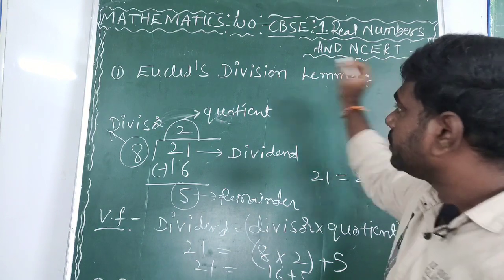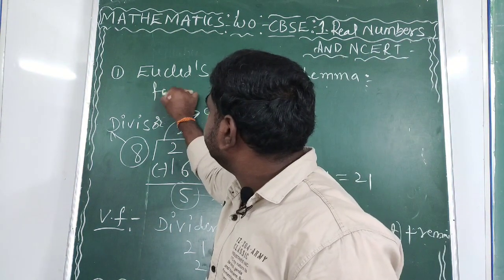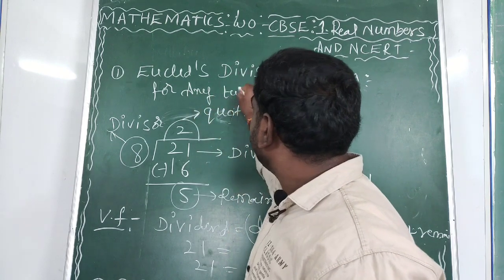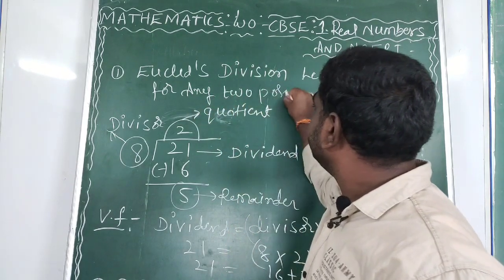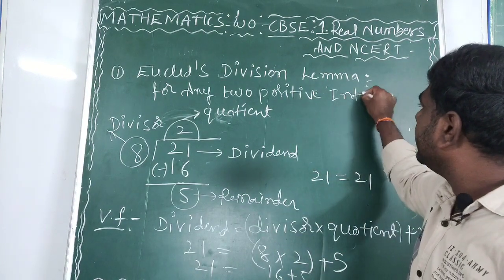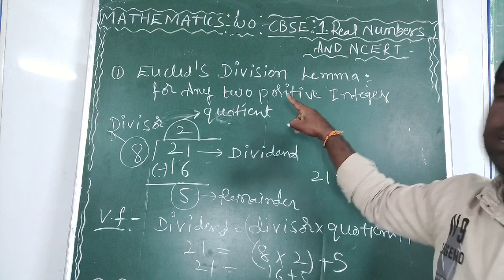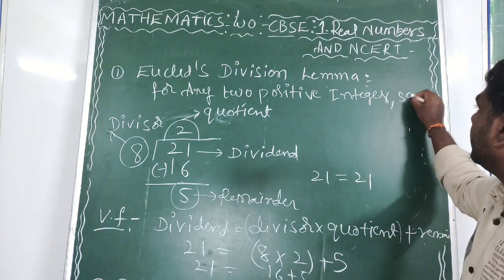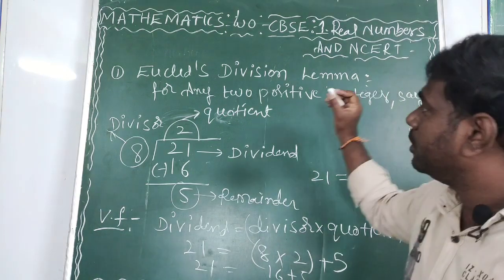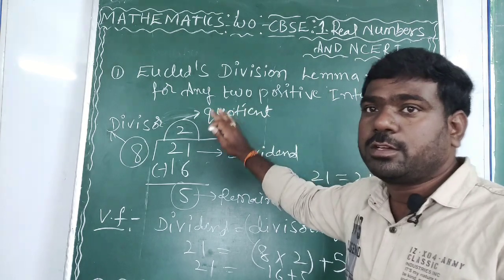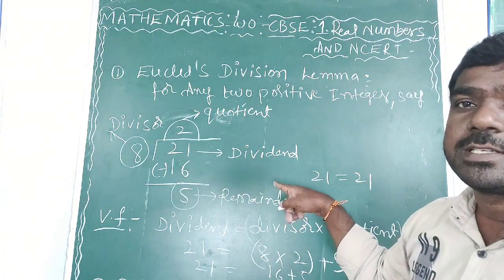Meaning is, here for any two positive integers. That positive integers, what here I am writing. If you want, take a screenshot.